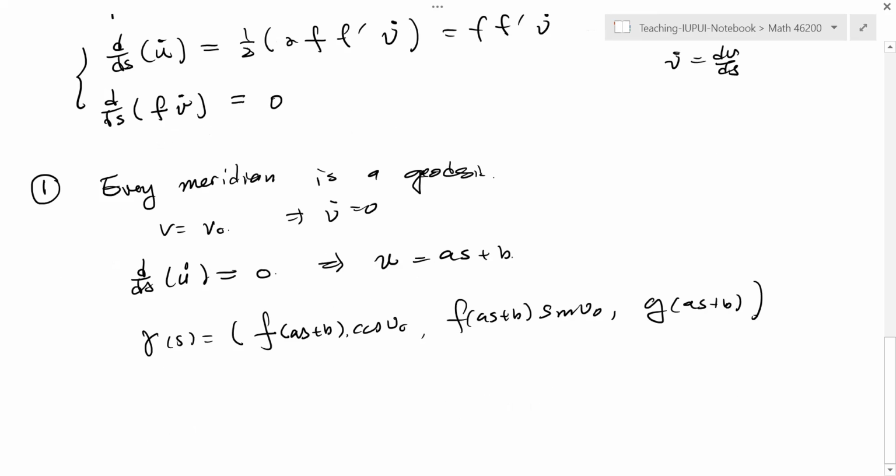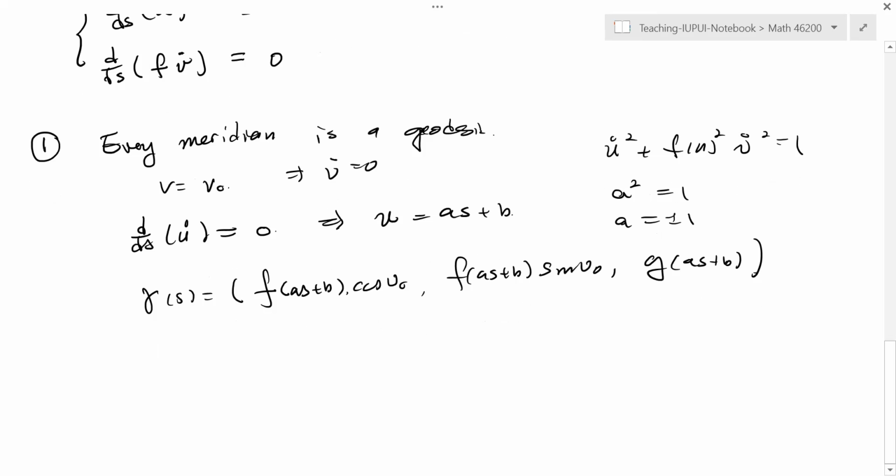Now it is unit speed. Unit speed means u dot squared plus f(u) squared v dot squared should equal 1. So that means A squared is going to be 1, so A is plus or minus 1.